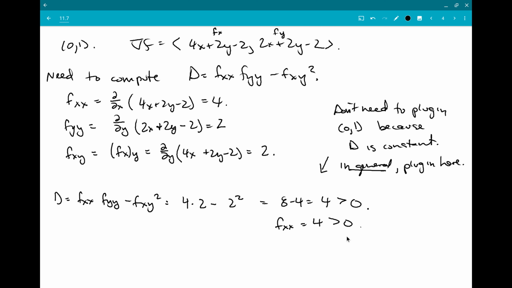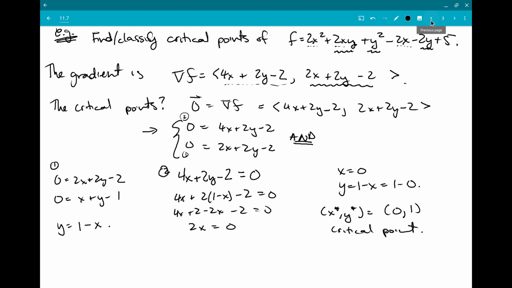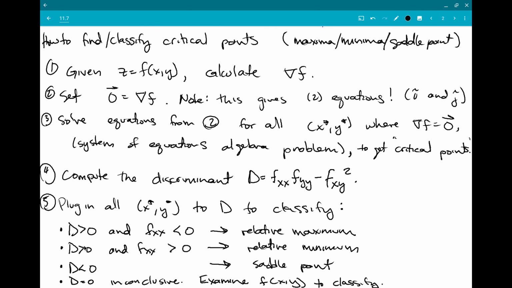So we're going to find that the point 0, 1 is a relative minimum. And I'll go back and show you that that's what we wrote before. So if D is positive and the second derivative is positive, you're looking at a minimum.